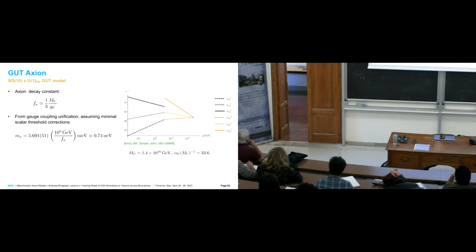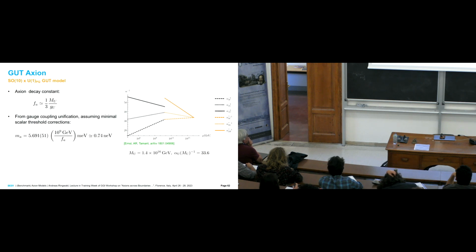Thank you. So the axion decay constant here can be calculated. It's 1/3 the unification mass divided by the gauge coupling at unification, neglecting threshold corrections. You can calculate this quite accurately, but of course you have to take threshold corrections into account.